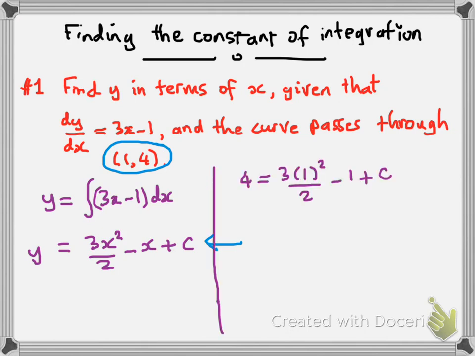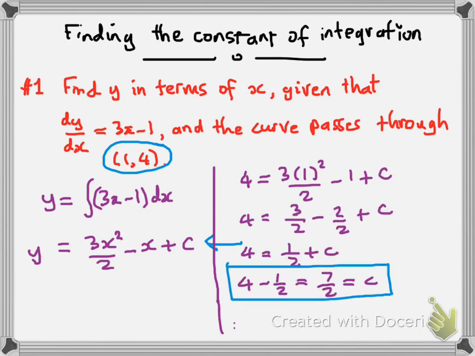So 4 is equal to 3 times 1 squared divided by 2, minus 1, plus c, which if you rearrange and solve, you will get that c is equal to 7 over 2. So if we replace that in our integral, our result here will be y equals 3/2 x squared minus x plus 7/2.